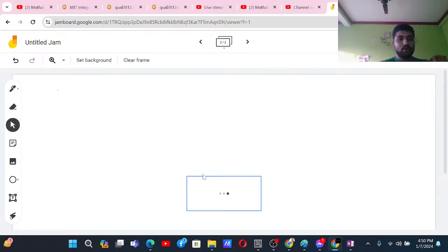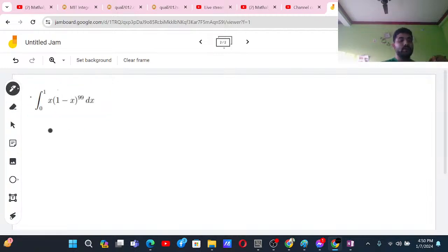Now for this problem, we can let y equal 1 minus x, because we want to simplify the expression with the highest power, or you can directly use King's rule over here. You don't have to let this. That gives us the integral from 0 to 1 of 1 minus x, and then x to the power 99 dx. Yeah, this is King's rule.